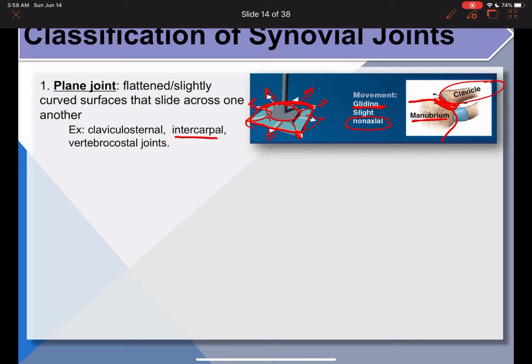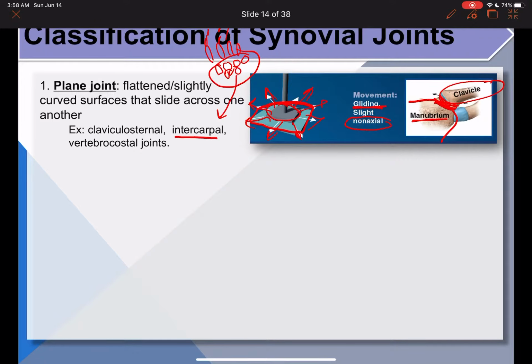If you remember, the carpal bones are box-shaped bones with flat surfaces and they glide across each other. So you have your carpal bones shaped like little boxes like this, and then you have your metacarpals and then the phalanges, etc. So these are the intercarpal joints we're talking about in this example of the plane joint.